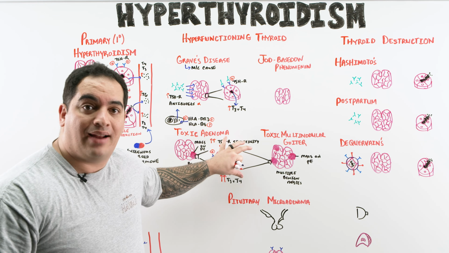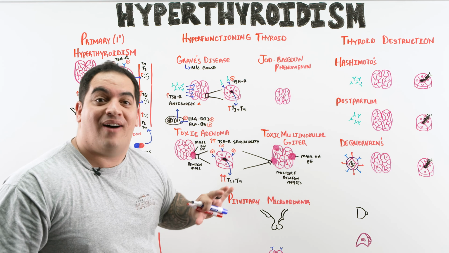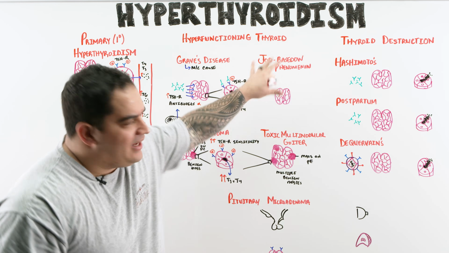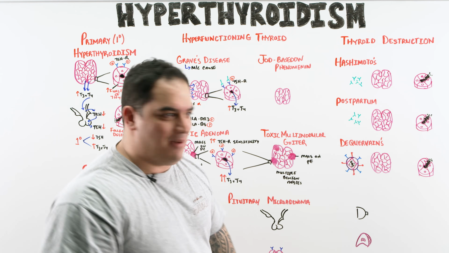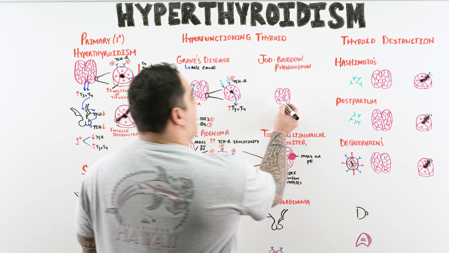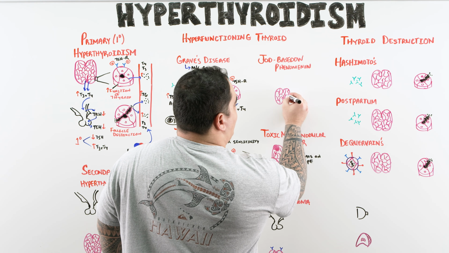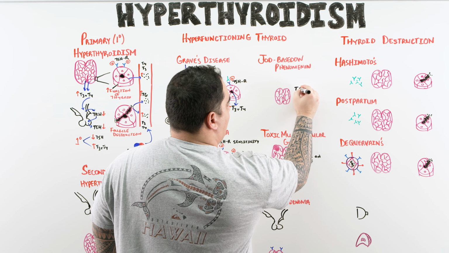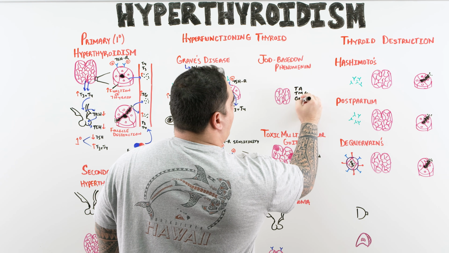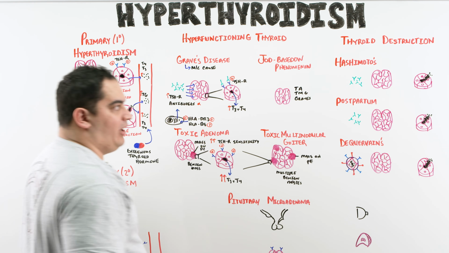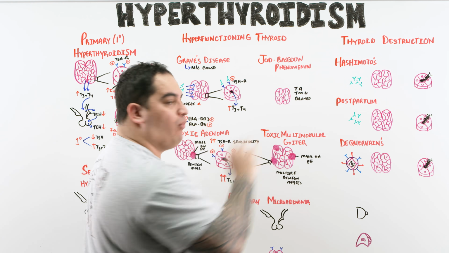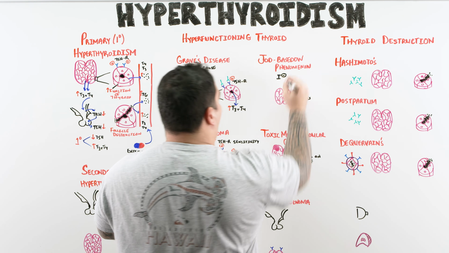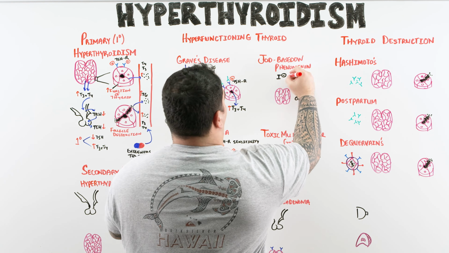All right, Graves, toxic adenoma, toxic multinodular goiter: chunks of tissue that are hyperactive, or an entire thyroid of follicular cells being stimulated by antibodies. There is this interesting concept called the Jod-Basedow phenomenon. Imagine a patient who has a toxic multinodular goiter, or a toxic adenoma, or Graves, and then I give them a heavy dose of iodine.